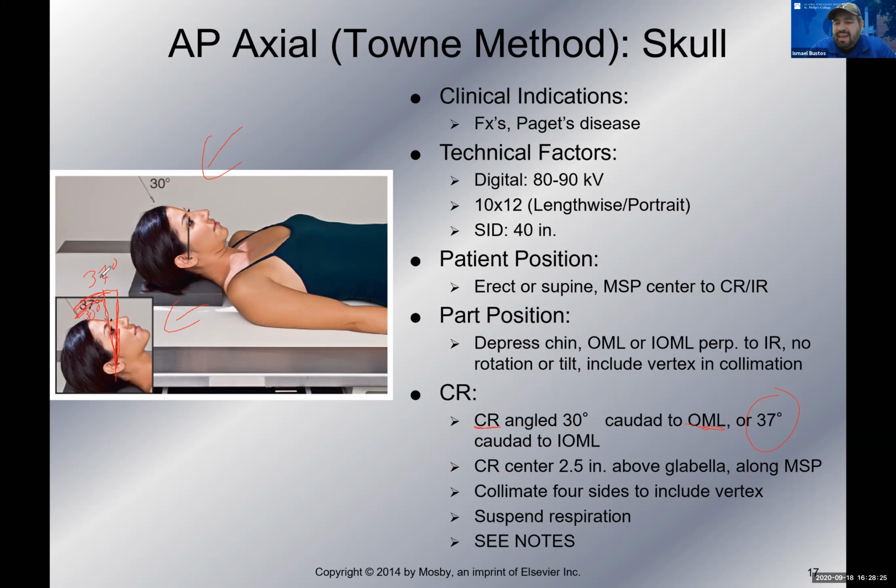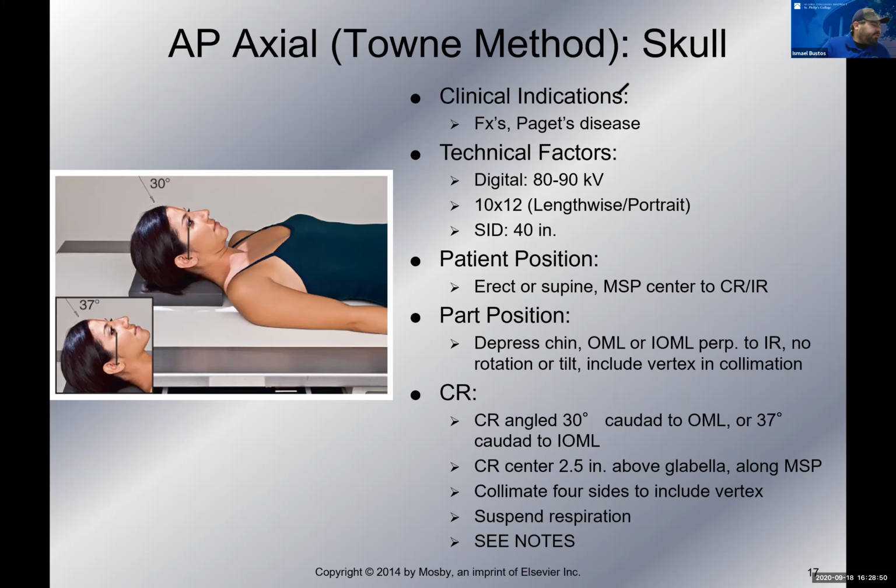We want to still maintain a relationship of 30 degrees between the CR and the OML for correct positioning, in order to see certain anatomy. Now, we adjusted to 37 because we couldn't get the OML perpendicular. So now we have to go to 37 degrees because we had the IOML perpendicular. You still center at the same area, 2.5 inches above the glabella, and collimate, suspend respiration.